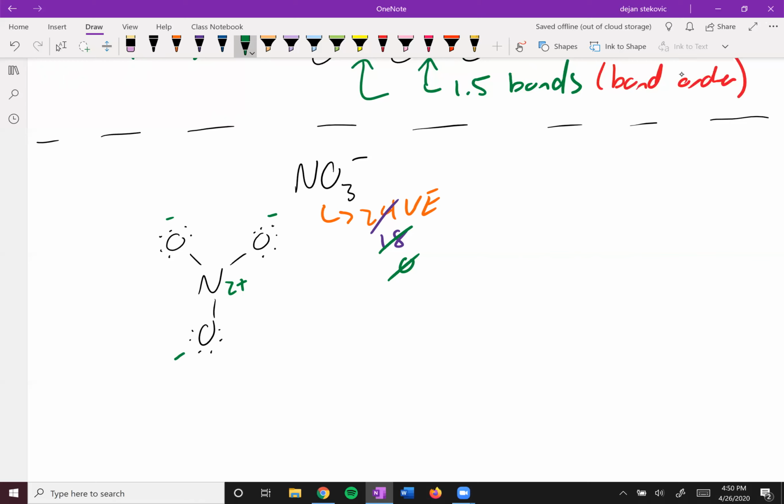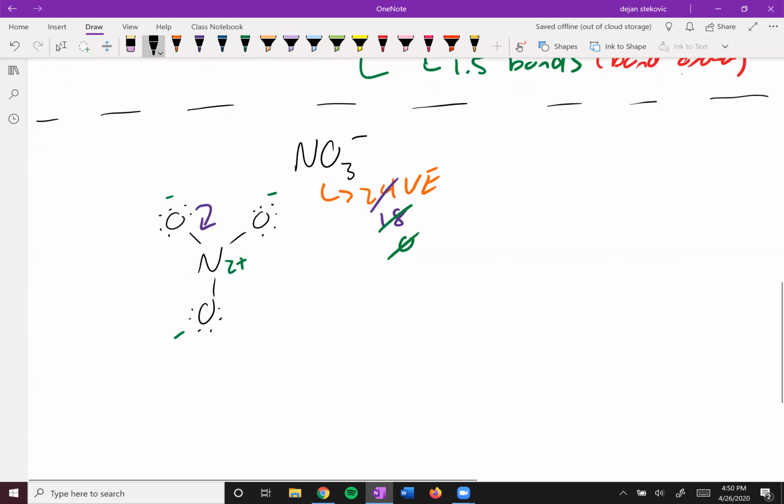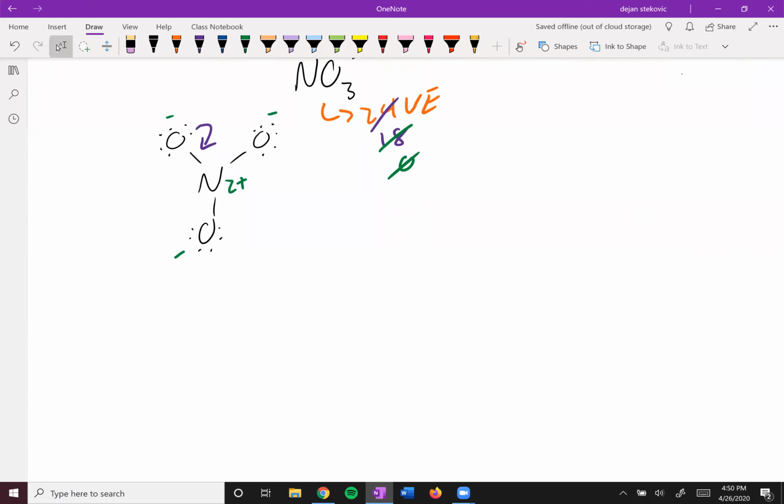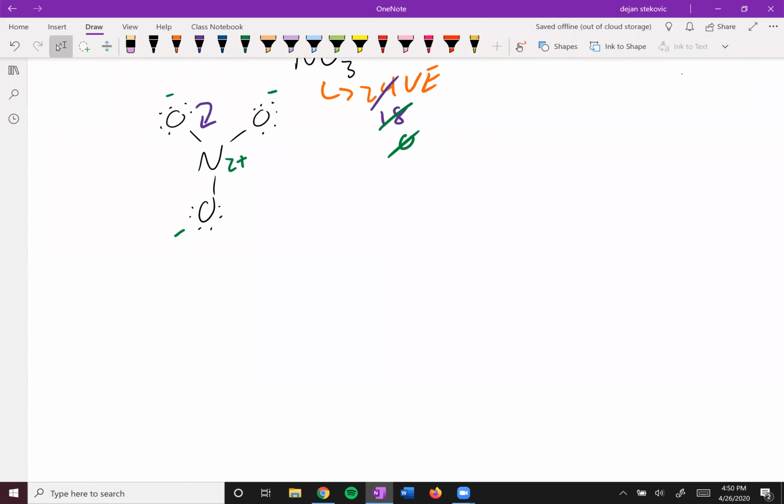Now, nitrogen cannot break the octet rule. It cannot have more than 8 valence electrons, so we can only bring down one of these bonds here to help eliminate some of this formal charge and give nitrogen that octet. All the oxygens are the same, so it's kind of arbitrary which one you pick. You could draw 3 different resonance structures with a bond coming from each one of the oxygens.